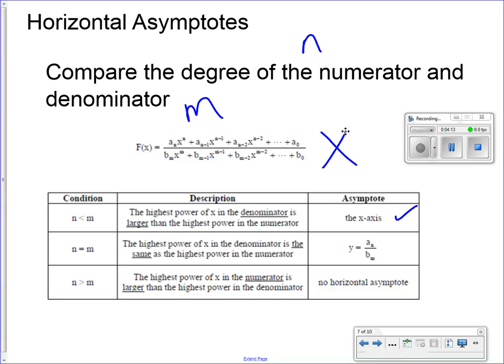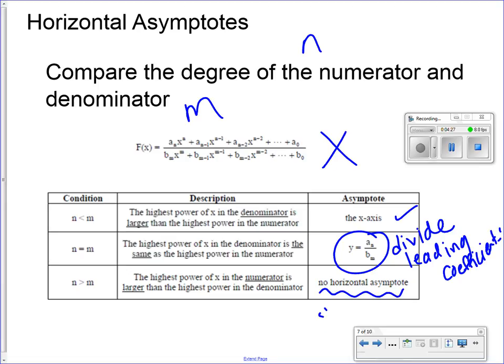If they're equal, you're going to divide your leading coefficients. If the one in the numerator is greater than the one in the denominator, there's no horizontal asymptote. Instead, it's a slant asymptote. And when we start solving these, you can abbreviate HA, SA for horizontal and slant asymptotes.